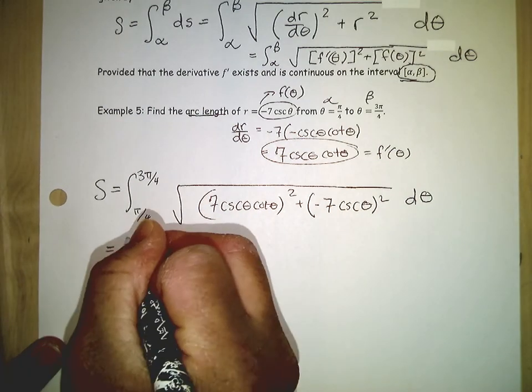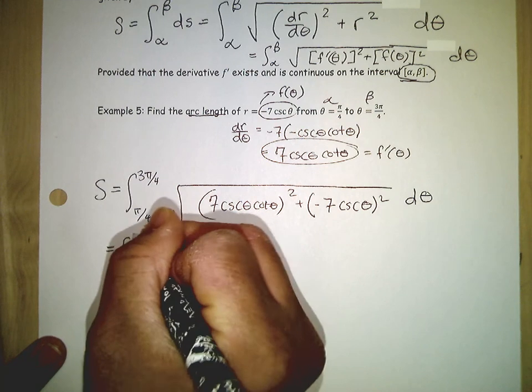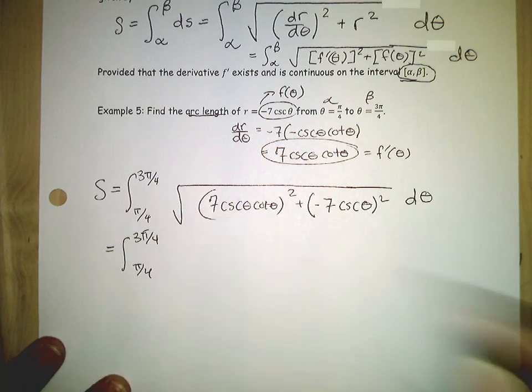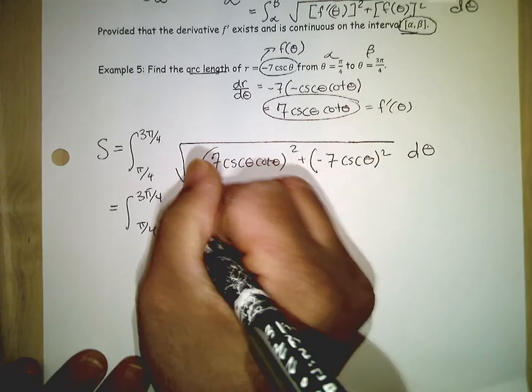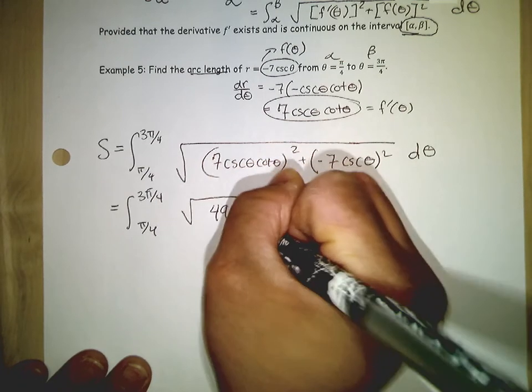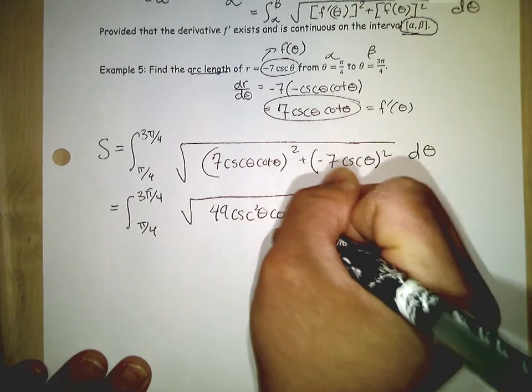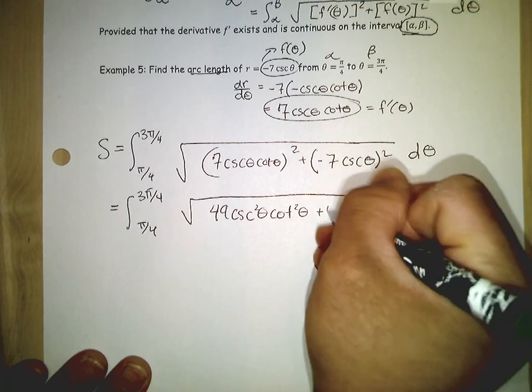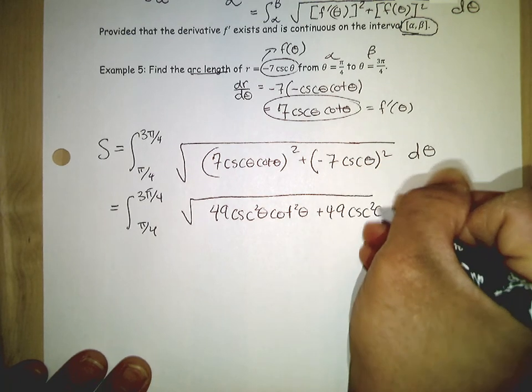Now, let's simplify under the square root. So if I square this here, I get 49 cosecant squared theta cotangent squared theta plus 49 cosecant squared theta d theta.